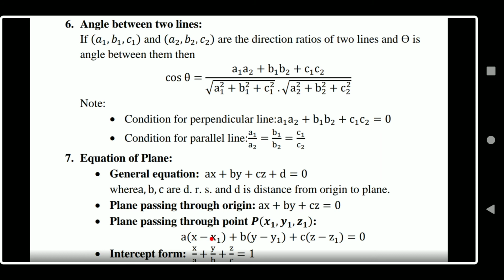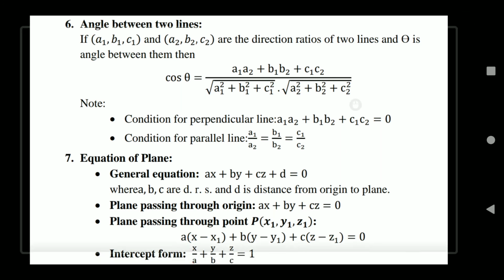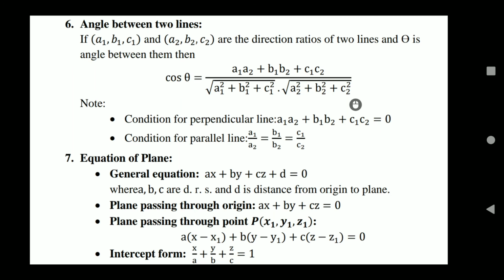For the plane passing through the point P of x1, y1, z1, the equation is given by a into (x minus x1) plus b into (y minus y1) plus c into (z minus z1) equal to 0. And the last one is the intercept form, which is important, given by x upon a plus y upon b plus z upon c is equal to 1.